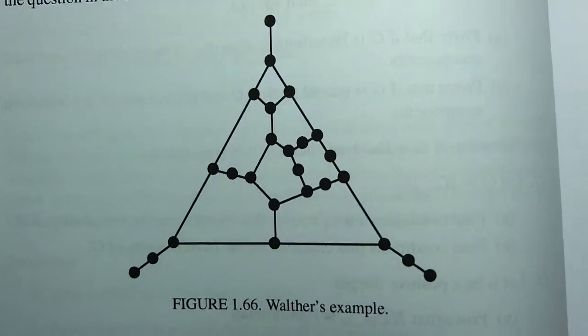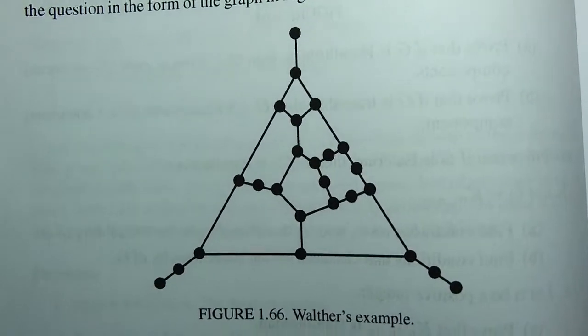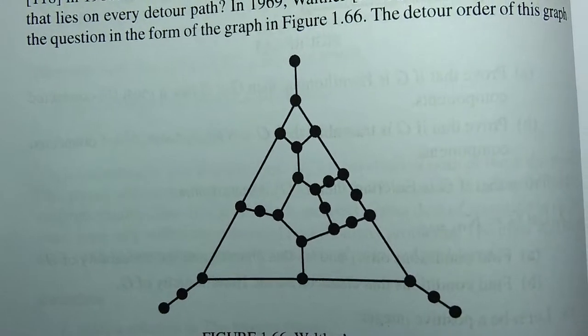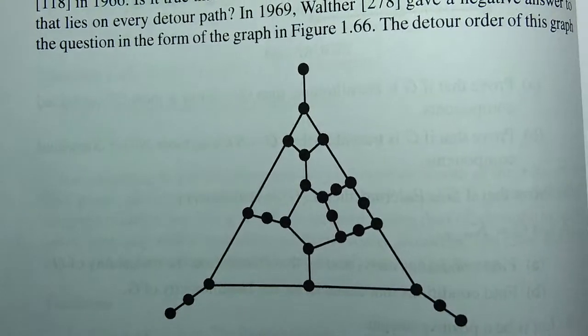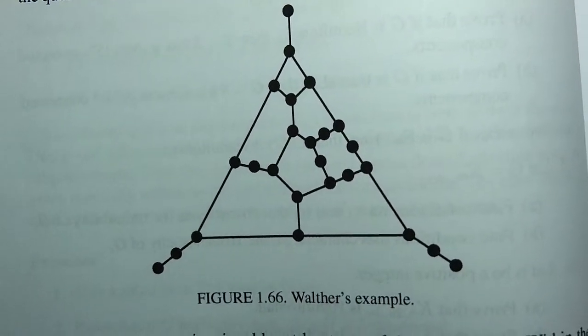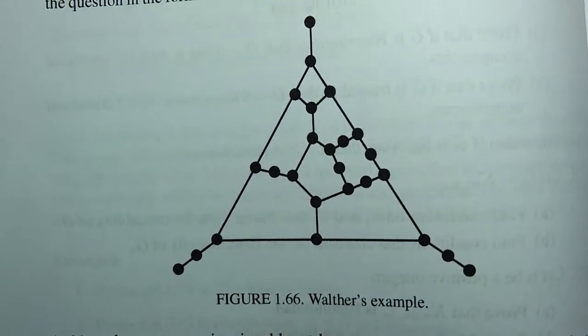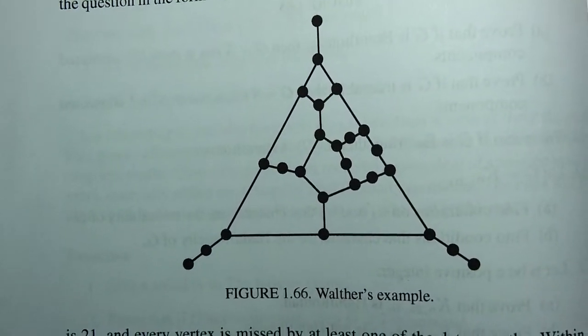There it is. So in this example, the detour order of this graph is 21. That is, 21 is the longest path. It's the most amount of vertices the path can have in it. Okay.